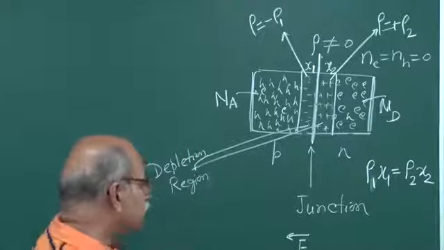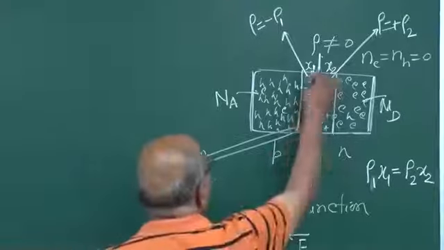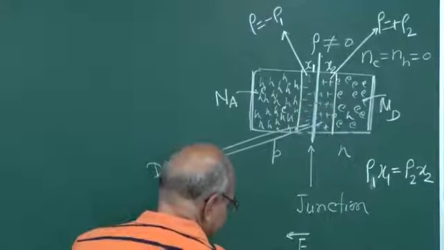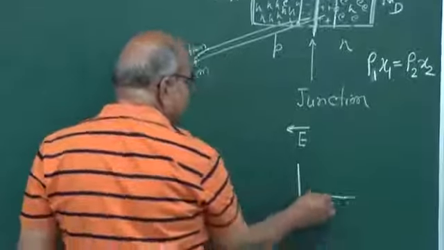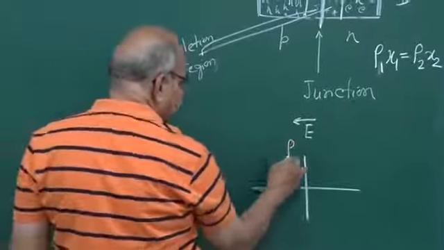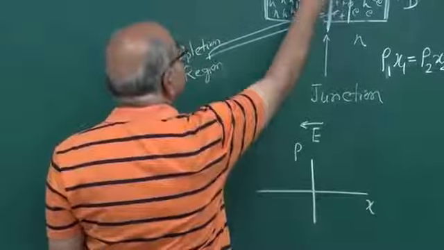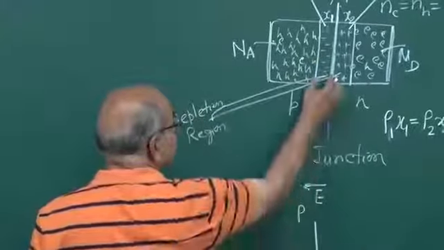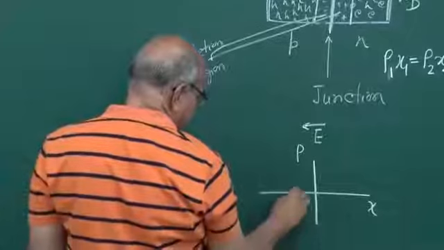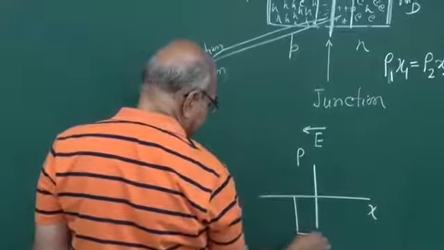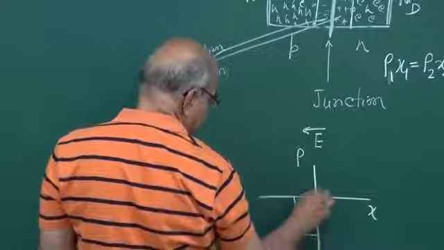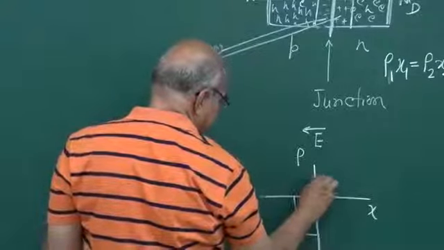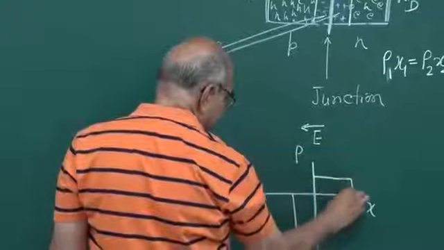This assumption of uniform charge density is not very bad in fact. If I plot rho here and x here, in this case you have negative charge, and in a smaller width I am showing, so it's like this, and this side is positive charge, and I am showing larger width, so it's like this.